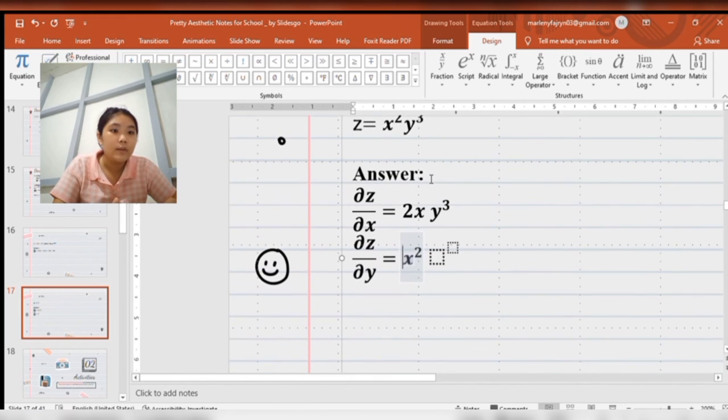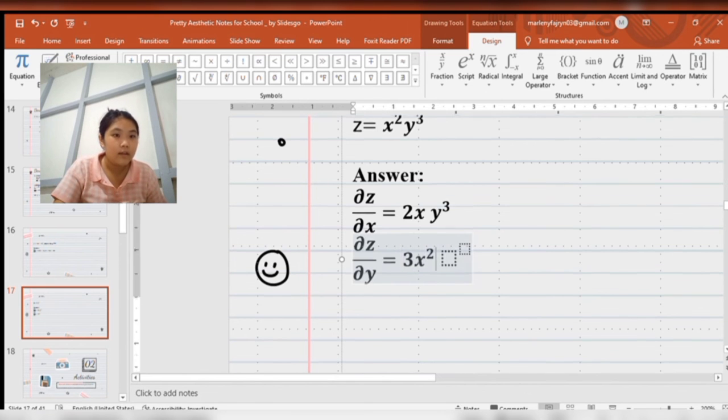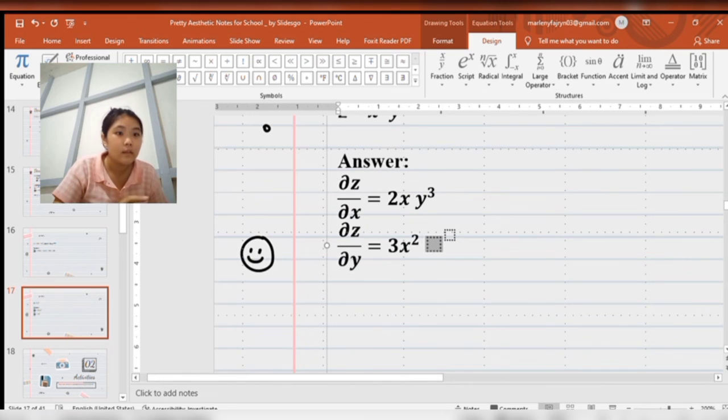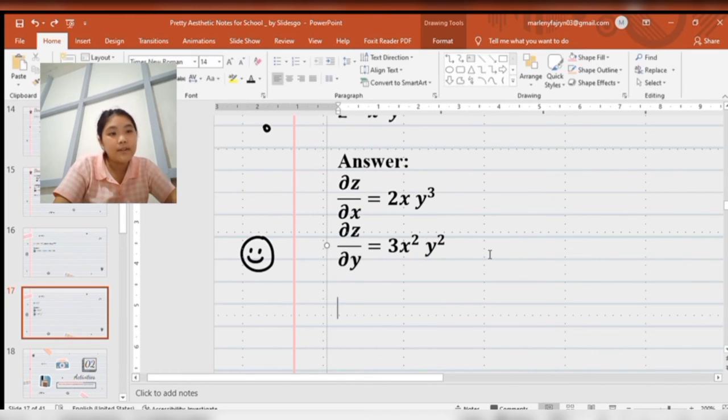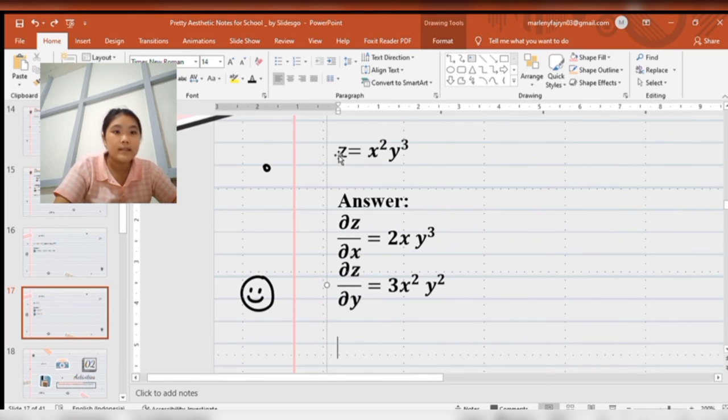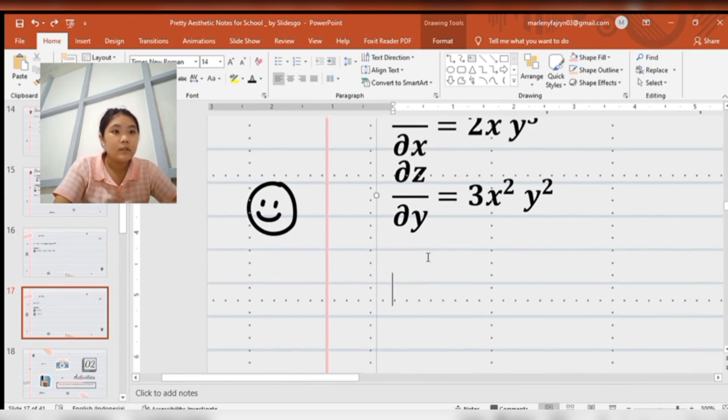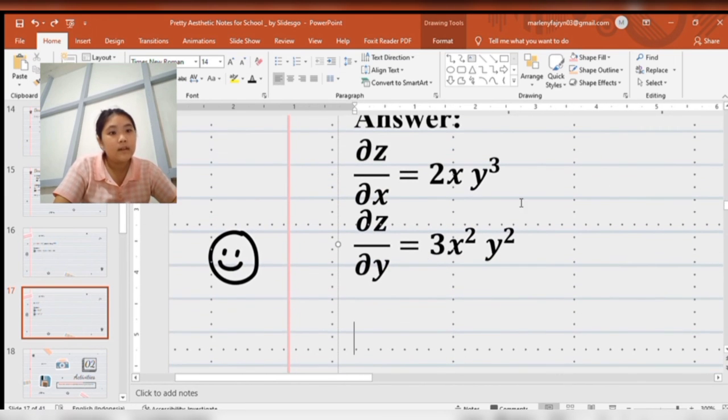Is 3. We write 3 here, and then y, 3 minus 1 is 2. Okay, done. So the partial derivatives of z equal x squared y cubed is 2xy cubed and 3x squared y squared.